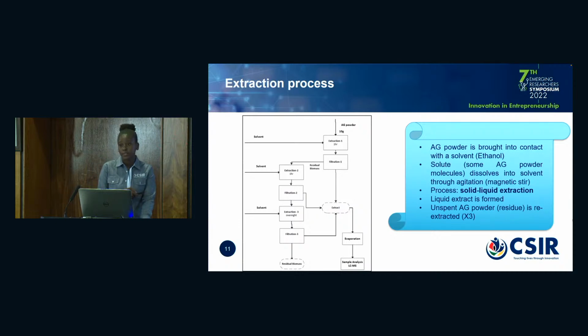The liquid that is now rich in the bioactive material from the African ginger is then evaporated to remove all the solvent, leaving behind the powdered material, which is a bioactive ingredient from African ginger. This was then sent for analysis using the LCMS.